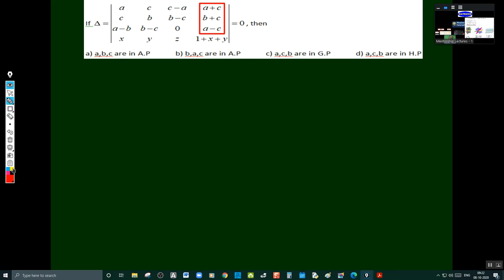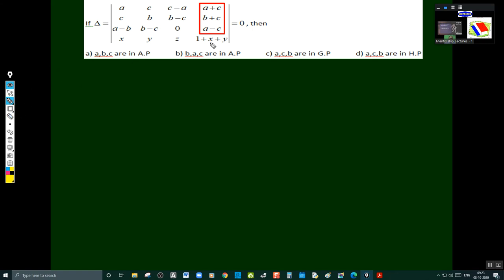Okay. Now, anyone do tell me how to make this 0? A plus C. Here AC is there. Let us try that. A plus C, and you subtract A and C. Subtract C. B plus C, subtract B and C. A minus C, minus A is there, and plus C is there. That means you will get it done.